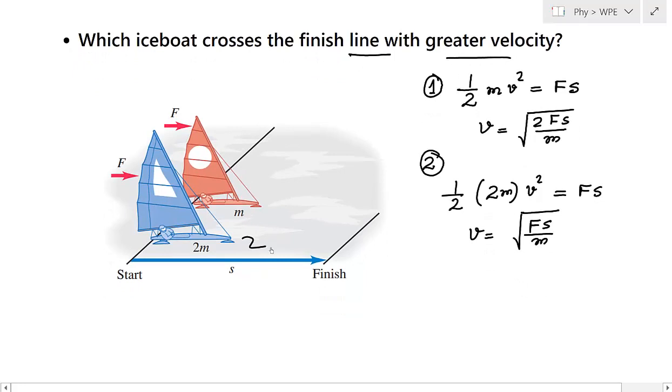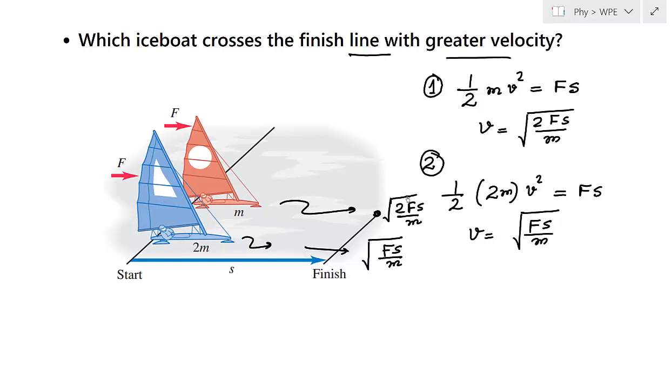So this mass, that is 2m, will reach here with a velocity of under root Fs by m, and this mass will reach here at a velocity of root 2Fs by m. So you see, ice boat number 1 will have higher velocity, greater velocity compared to the mass that is having 2m, that is ice boat number 2.